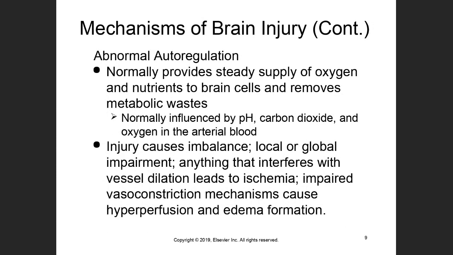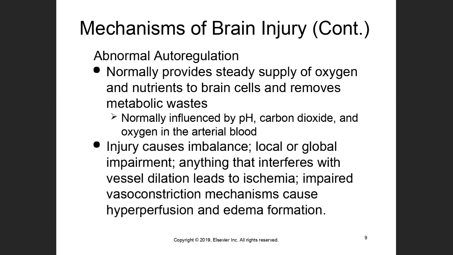Normal autoregulation provides a steady supply of oxygen and nutrients to brain cells and removes metabolic waste. It is normally influenced by pH, carbon dioxide, and oxygen in the arterial blood. Injury causes imbalance, local or global impairment.